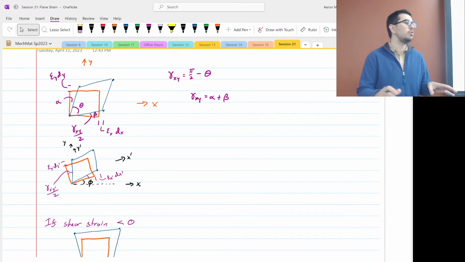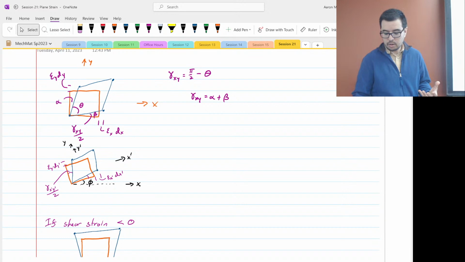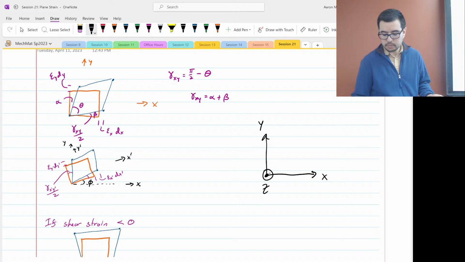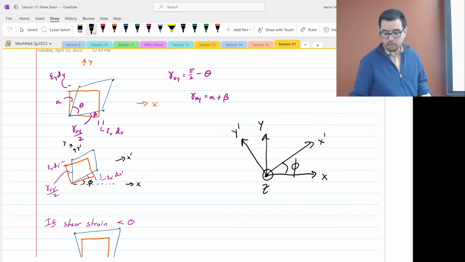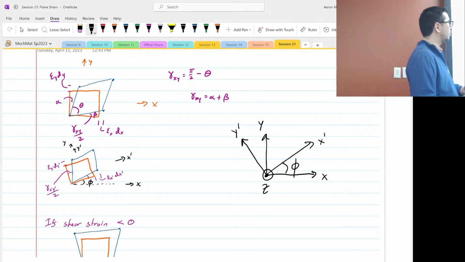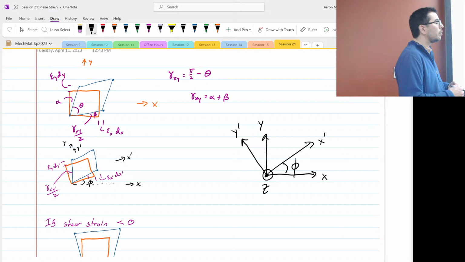So before we do anything with stress or strain, at its root we have a reference frame that looks like that, and then we're putting on top of it another reference frame like that. Then we define, in this case today, phi, which normally we call theta, as the angle of rotation between them.